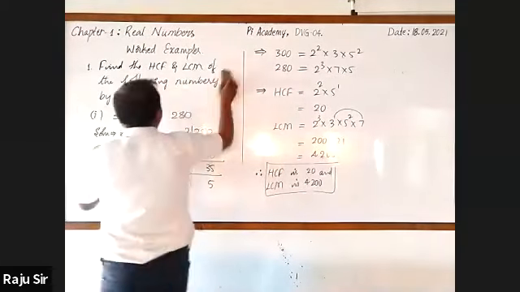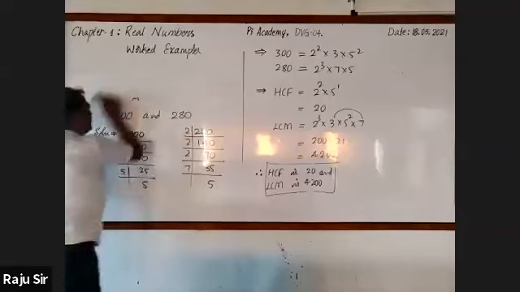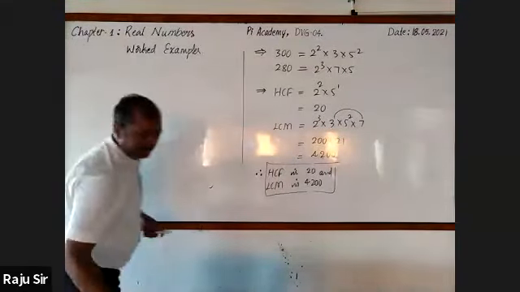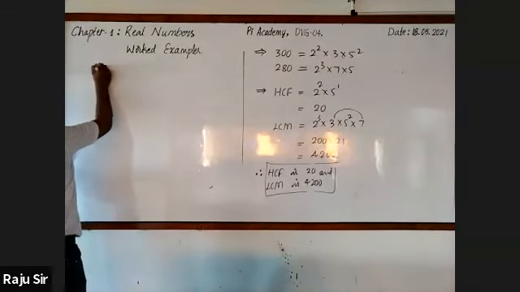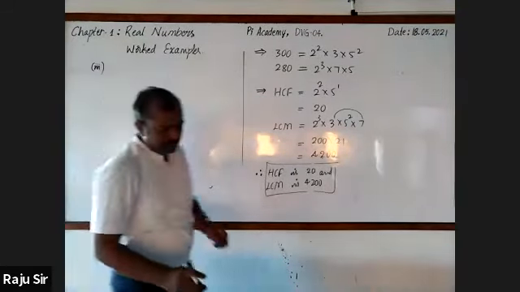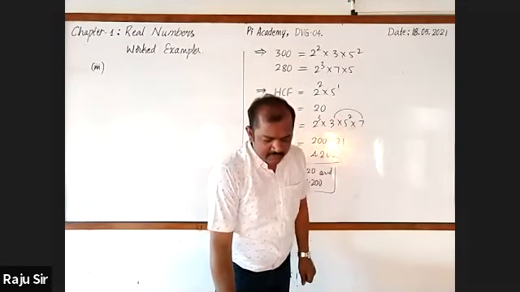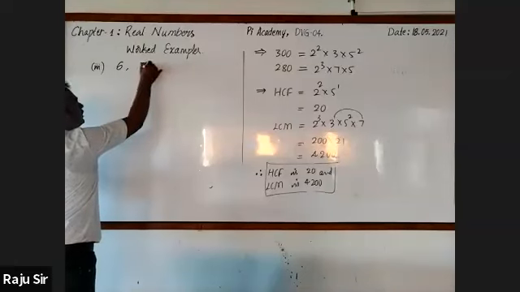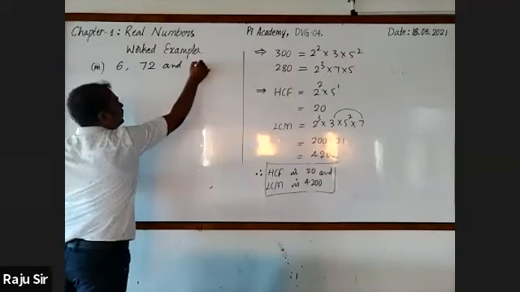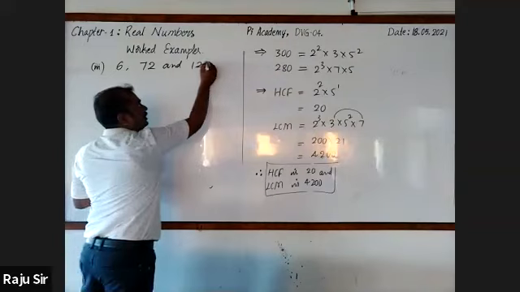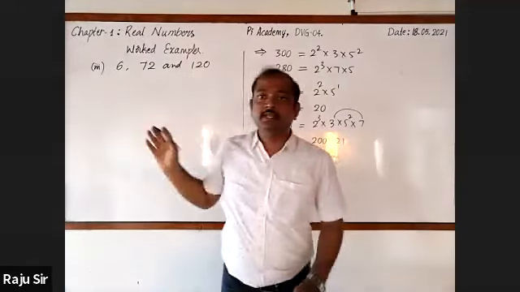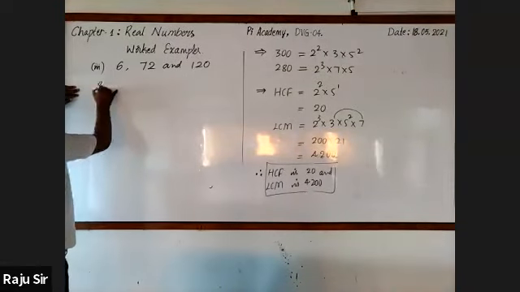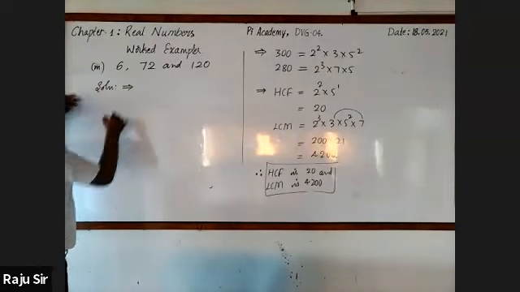The first main question, third sub question: it is 6, 72 and 120. You are going to find out the HCF and LCM of these three numbers. Three numbers have been given. Right. Solution. Put the imply symbol.